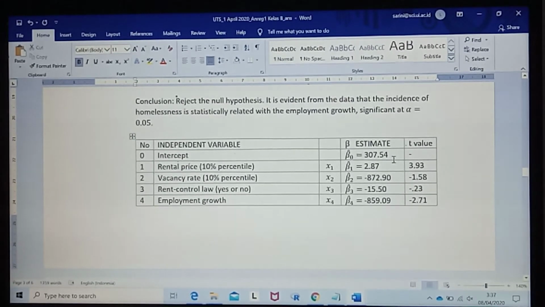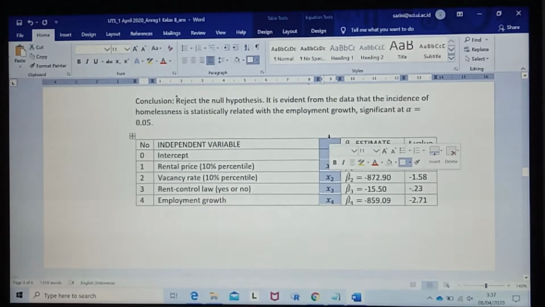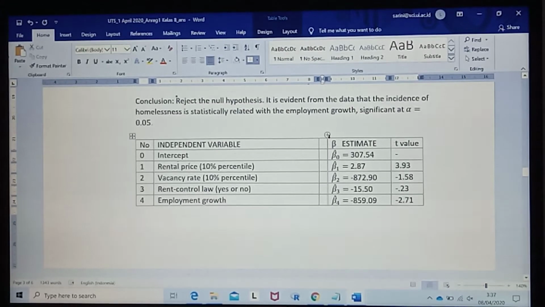Okay, so in here I think that we just need to delete this and change it with our decision whether we will reject or not reject the null hypothesis.